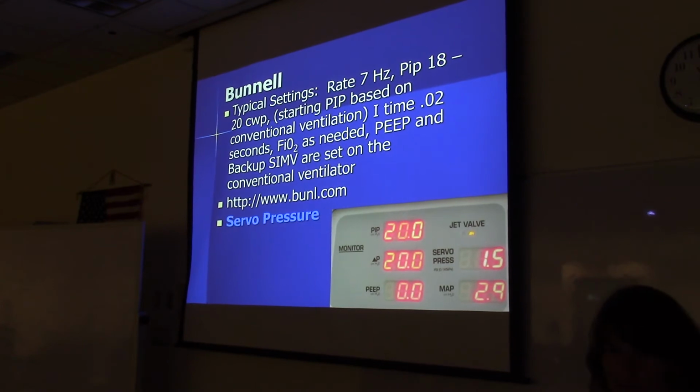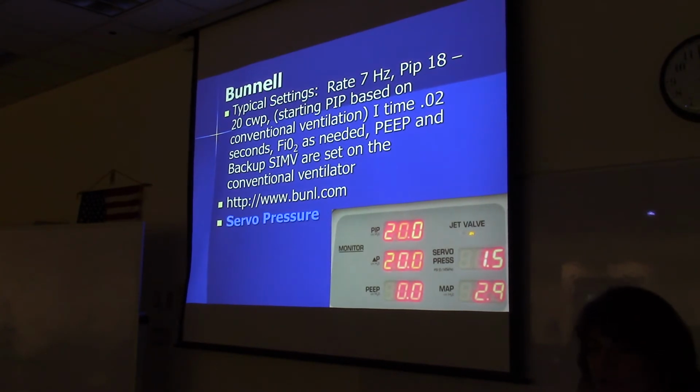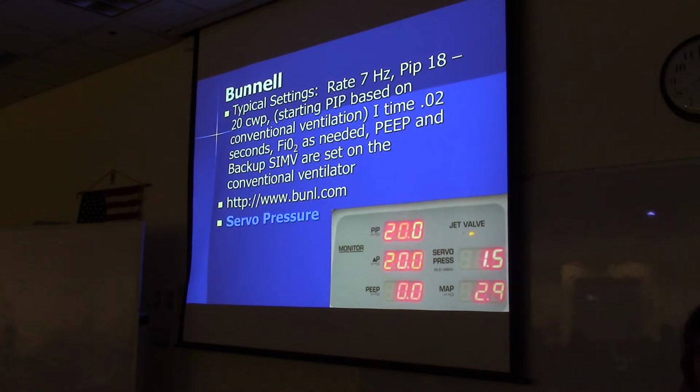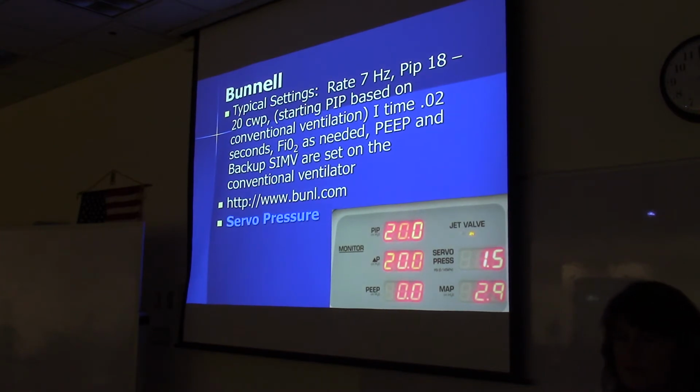All right, so typical settings for the jet ventilator. Starting off, you start with a rate of 7 hertz. That gives you 7 times 60, 420, so a respiratory rate of 420. That's a little bit slower than the oscillator, isn't it?